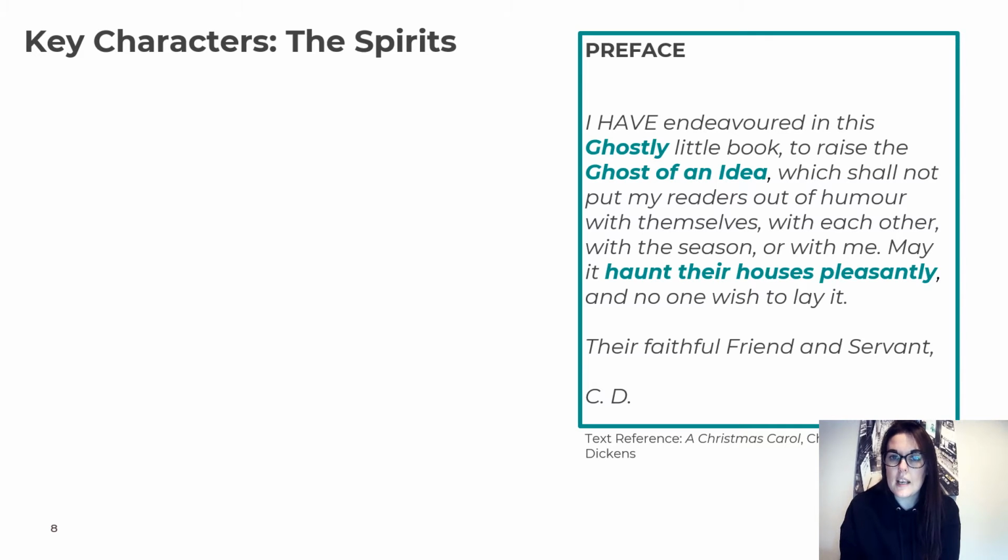And this is what he says: I have endeavoured in this ghostly little book to raise the ghost of an idea which shall not put my readers out of humour with themselves, with each other, with the season, or with me. May it haunt their houses pleasantly, and no one wish to lay it. Their faithful friend and servant, C.D. So Charles Dickens. So that's the first thing that he wrote within his novella.